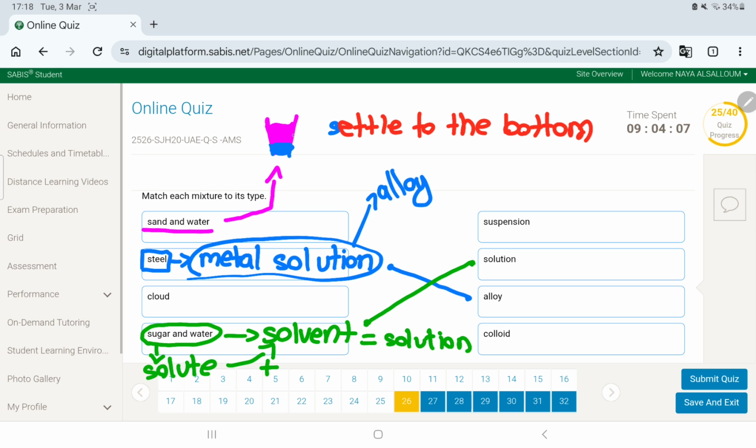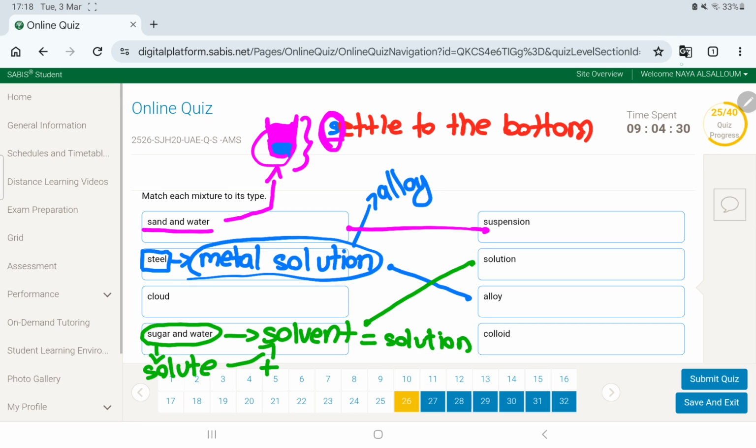It's now comfortable inside the water. So what is this called? When large particles settle, S for suspension. Okay, why? Because sand turned into a large particle and settled to the bottom of the liquid.